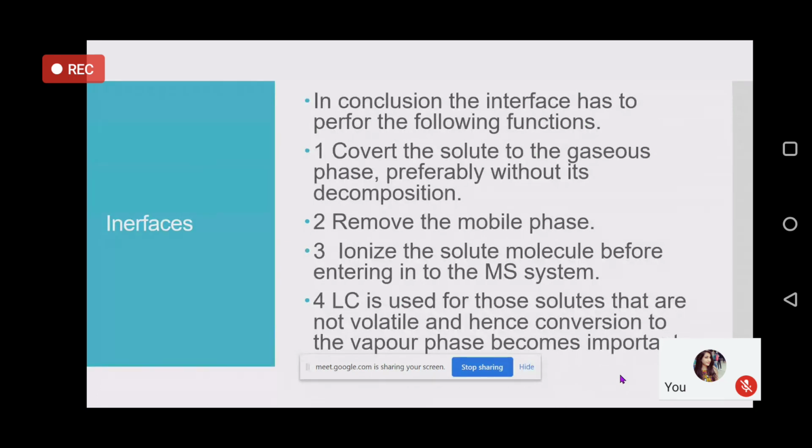So if the system contains mobile phase, volatile solute, and non-volatile solute, the mobile phase and the volatile solute will get vaporized, no doubt, when you are just heating, because that is a normal method of vaporizing a substance. The non-volatile component may not get into the vapor phase at that point. So you have to use techniques or methods where it can be brought into the vapor phase.